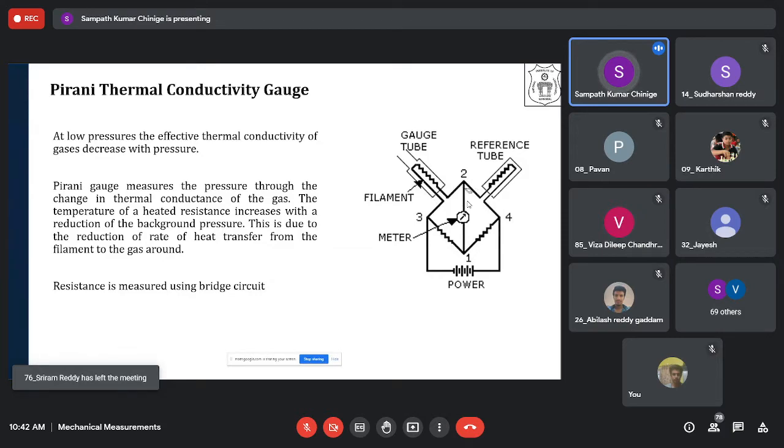Imagine that this is also a resistance, 1, 2, 3, and this is the 4th resistance. Generally, when the temperature is not there, it will be at a null condition, that is, at a 0 condition. When you are sending the current, because of this pressure, when the heat is not going out, its resistance keeps on varying. So that resistance, we are directly converting into pressure.